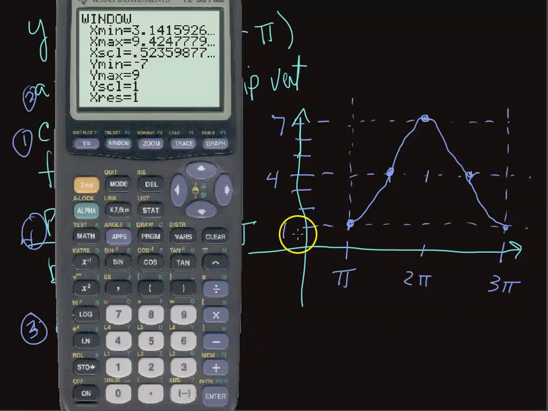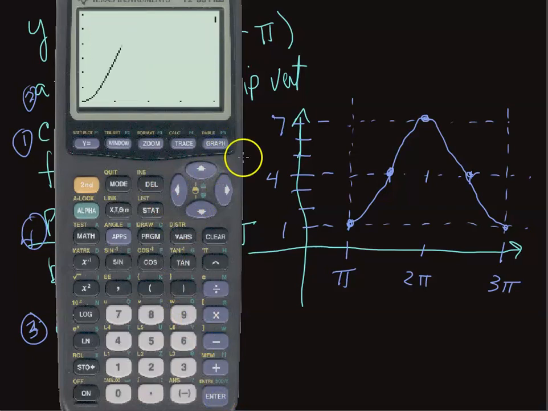I guess we can use pi over 2 as a scale. Minimum is 1 for the y. Maximum is 7. Scale can be 1 there. And now when you graph it, you should see the cereal bowl upside down in the window.